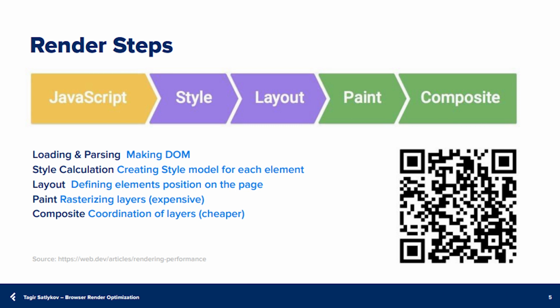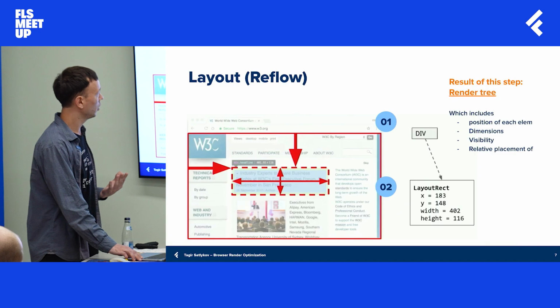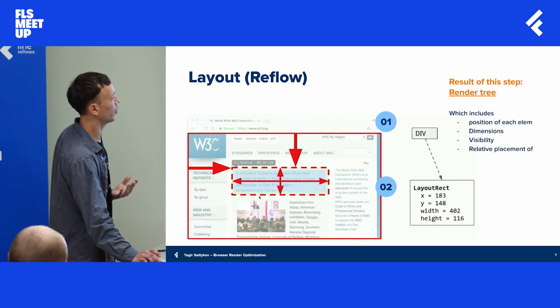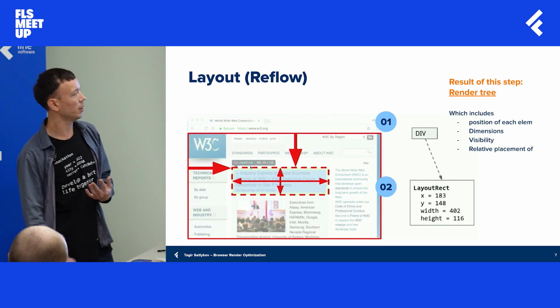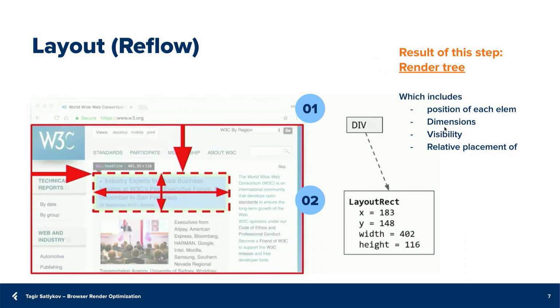On the layout step, the browser understands how elements should be oriented on the page. So the browser goes through all elements and looks at their dimensions and positions, and on the layout step, the browser makes the render tree.